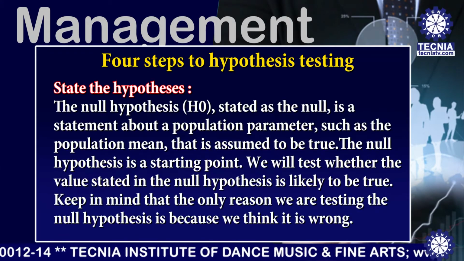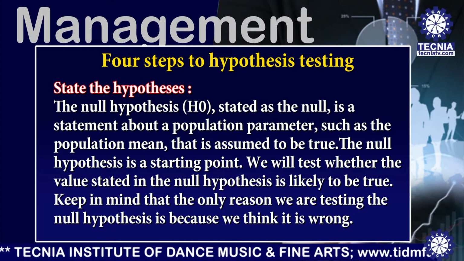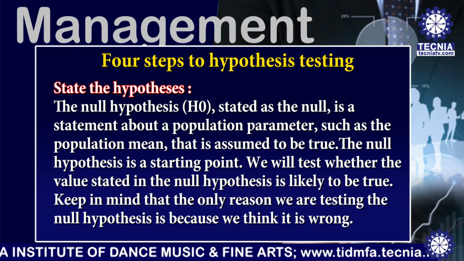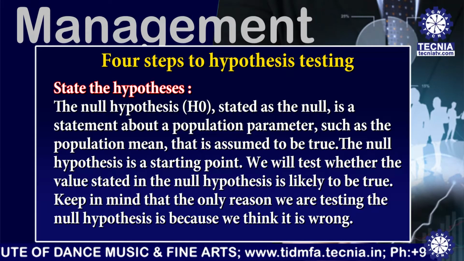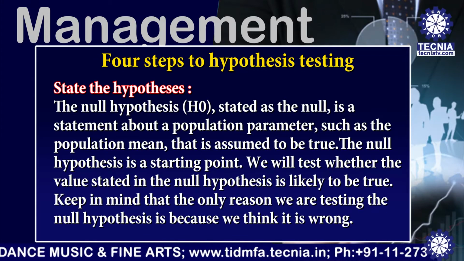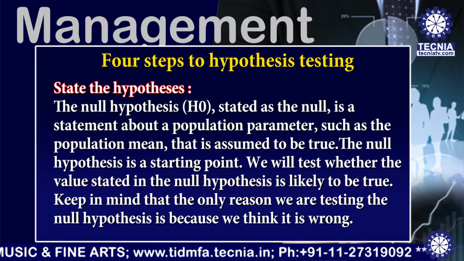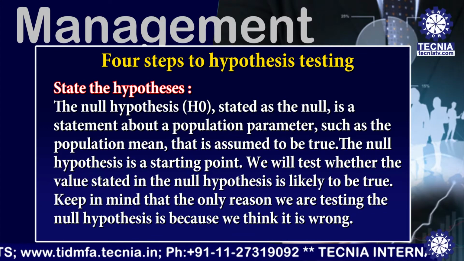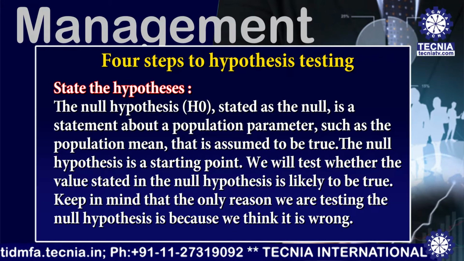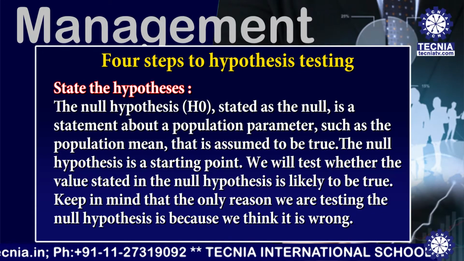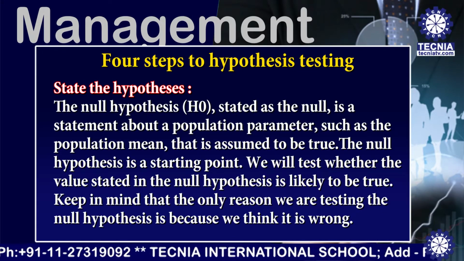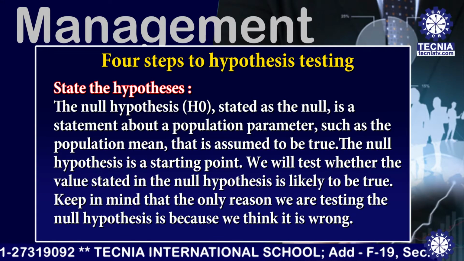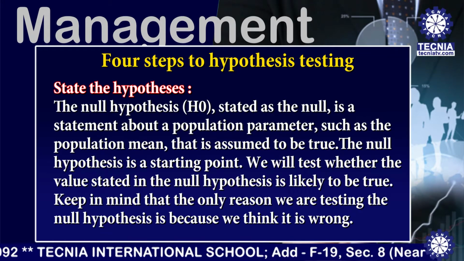The null hypothesis H0, stated as the null, is a statement about a population parameter, such as the population mean, that is assumed to be true. The null hypothesis is a starting point. We will test whether the value stated in the null hypothesis is likely to be true.